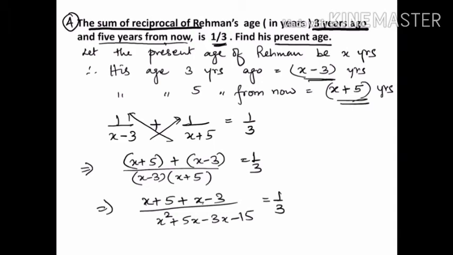So x and x terms will add up. So we get 2x plus 2 divided by x square plus 2x minus 15 equal to 1 on 3.